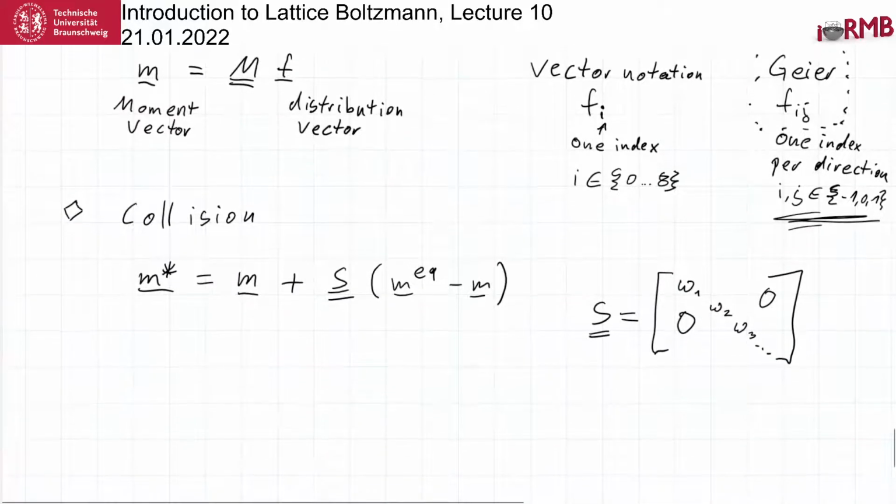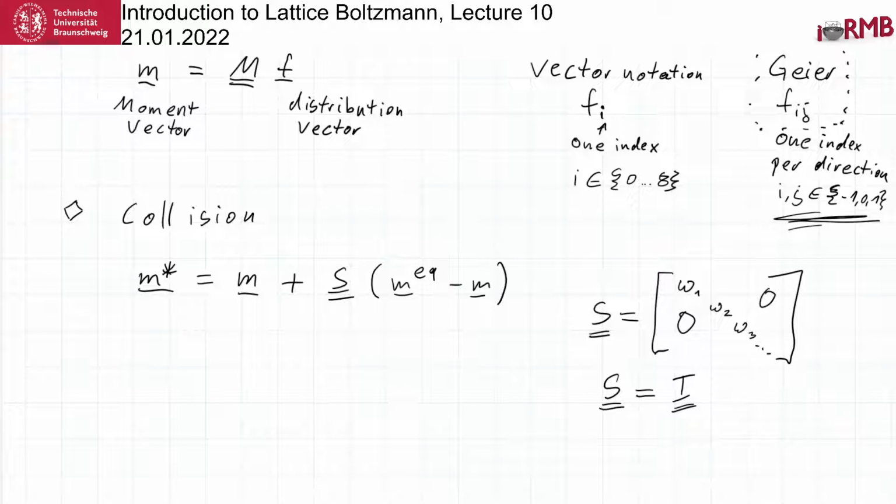So what you could also write is the diagonal matrix times a vector of relaxation rates. Yeah, so this is the diagonal relaxation matrix.